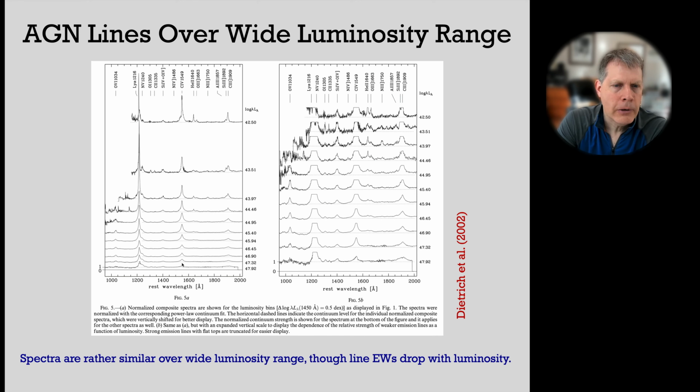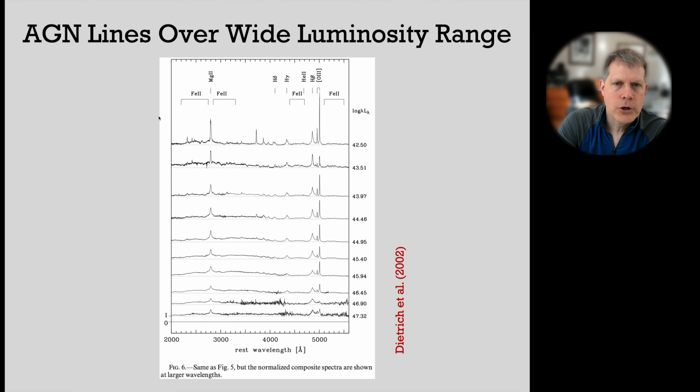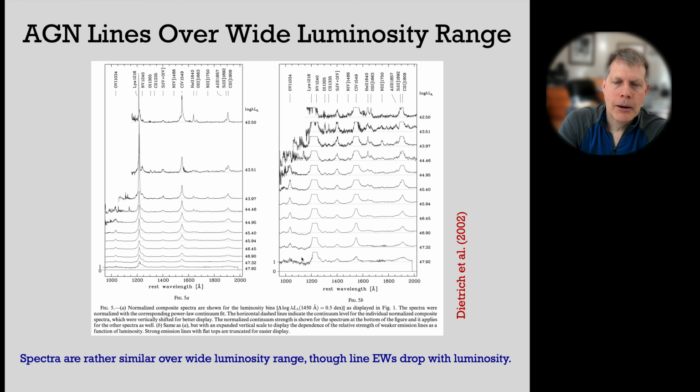And that's true here, running from, in this case, 1,000 to 2,000 angstroms. And if you also go out to longer wavelengths, as shown here, this is 2,000 to more than 5,000 angstroms, the same thing basically holds. Again, there's a general similarity of what emission lines are present over an enormous range of luminosities, which is a remarkable thing.